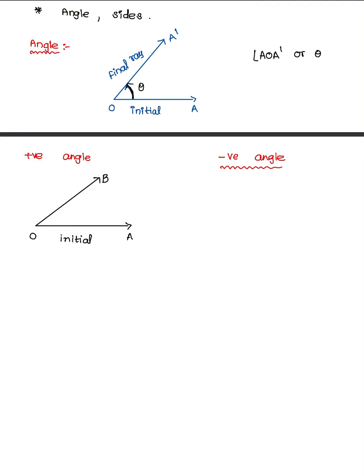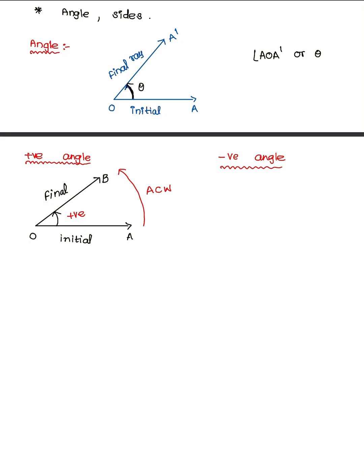So the amount of rotation from initial ray to final ray is this one. Now the direction, if you observe carefully, from initial ray to final ray is this one. In this direction it is moving. So that is anti-clockwise direction. Not clockwise, opposite to the clockwise direction. Then we call it a positive angle. An angle is positive if the amount of rotation from initial ray to final ray is in anti-clockwise direction. So that is a positive angle.